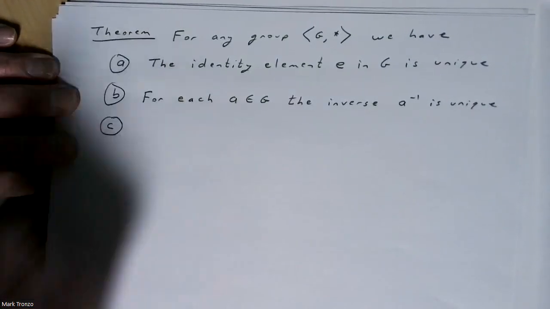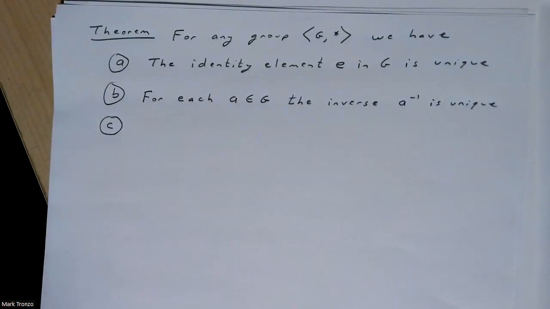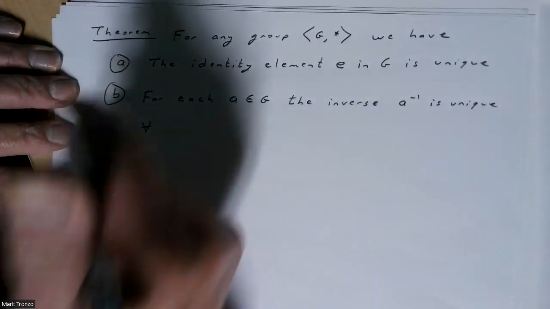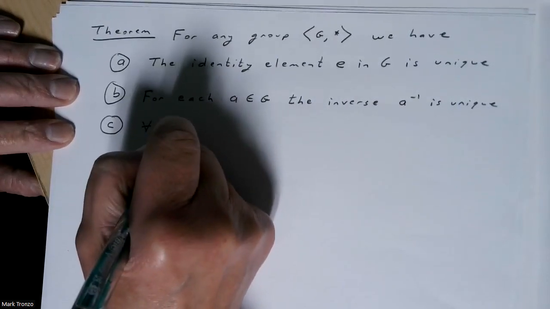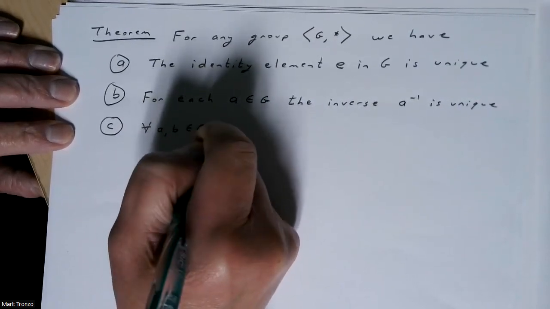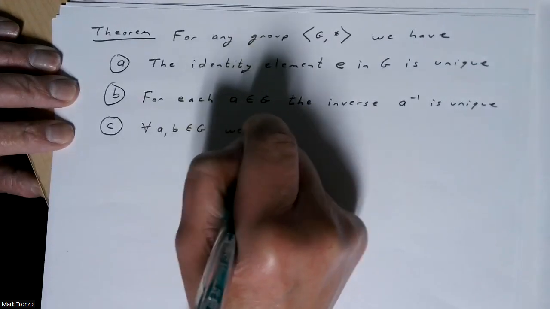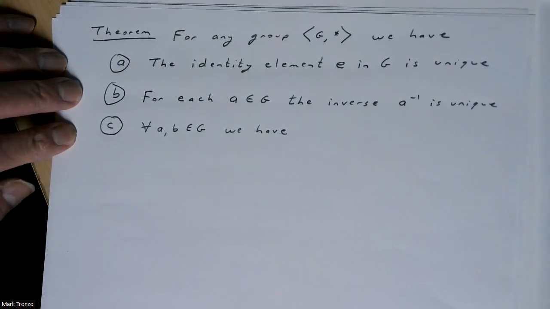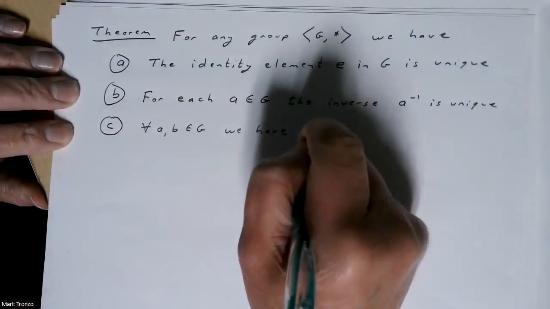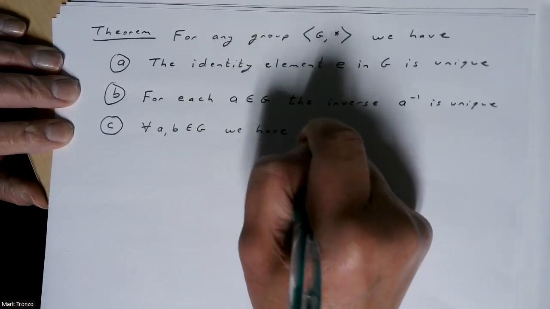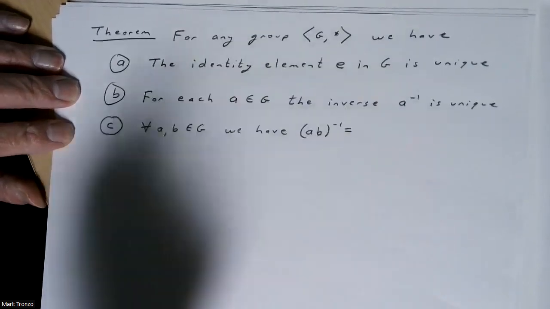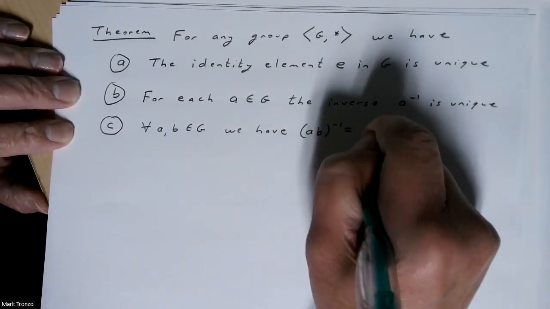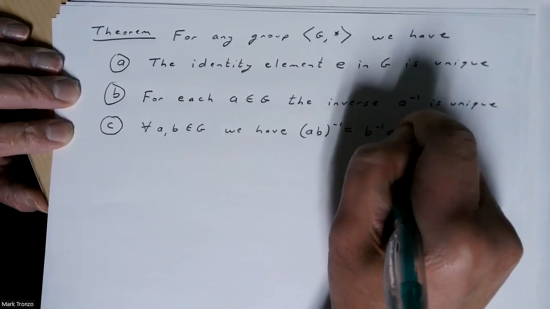Third, we can say for all A and B in G, we have the inverse of AB is equal to B inverse A inverse.